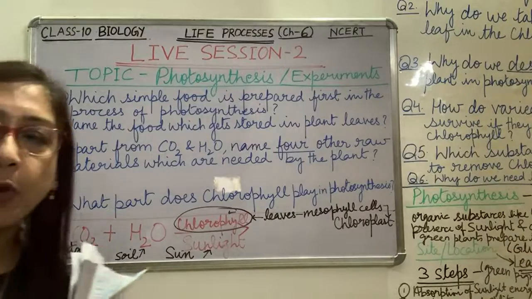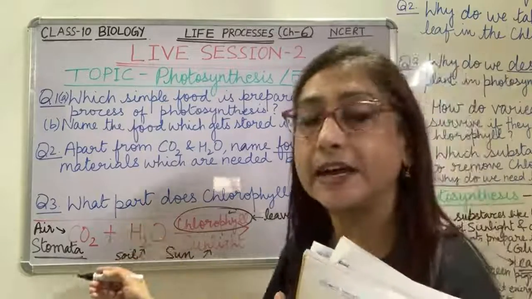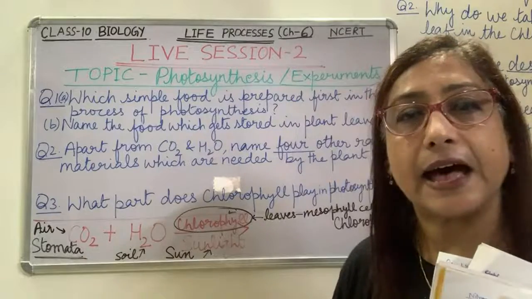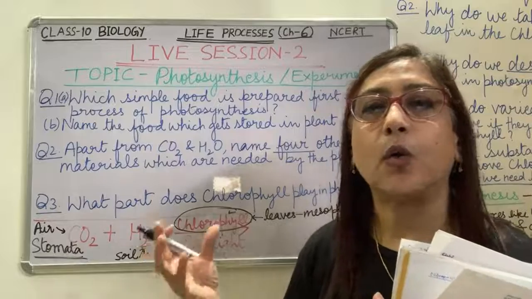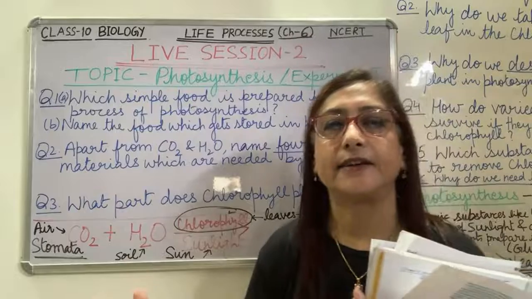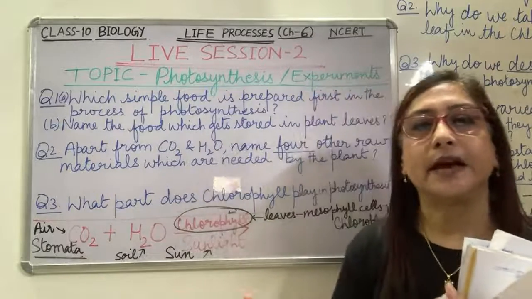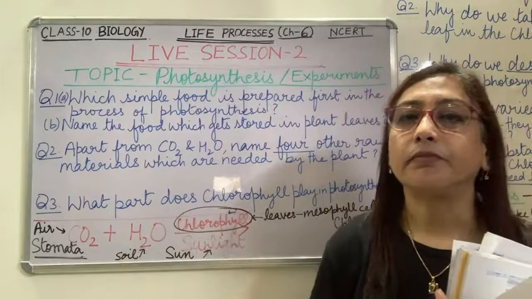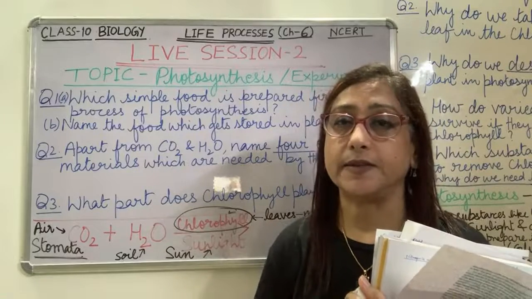Stomata are tiny pores which are present in the leaves, and through these stomata the carbon dioxide enters inside, and oxygen leaves also, right? So this is the only opening which is present in the entire plant, even you can say, and these openings are there only on the underside of the leaves.